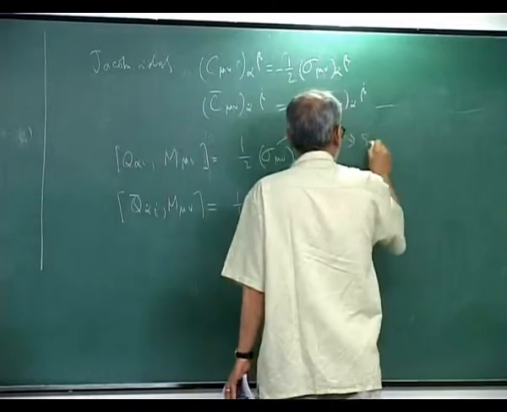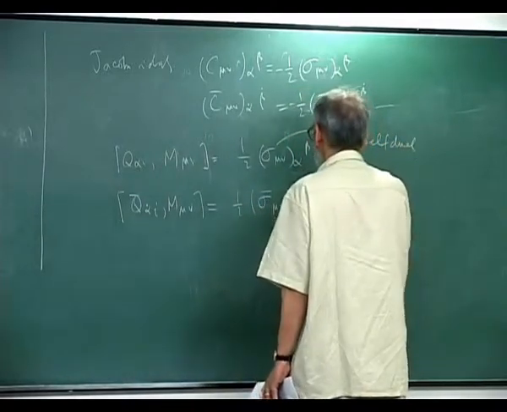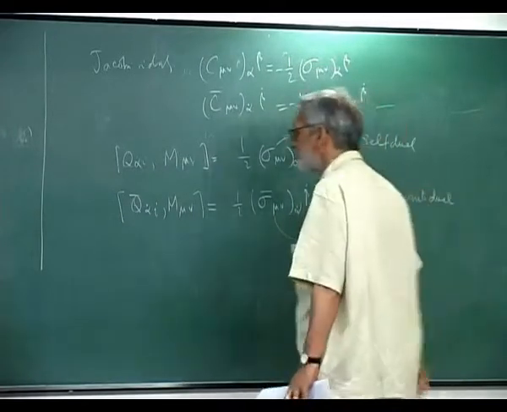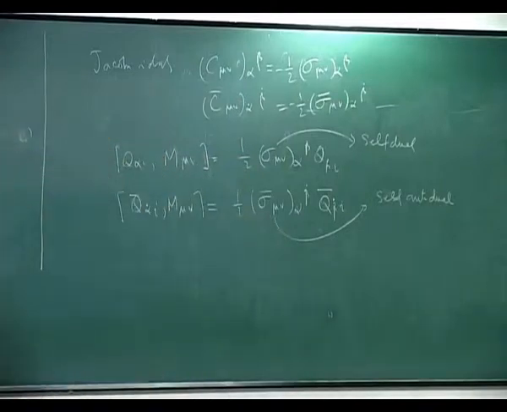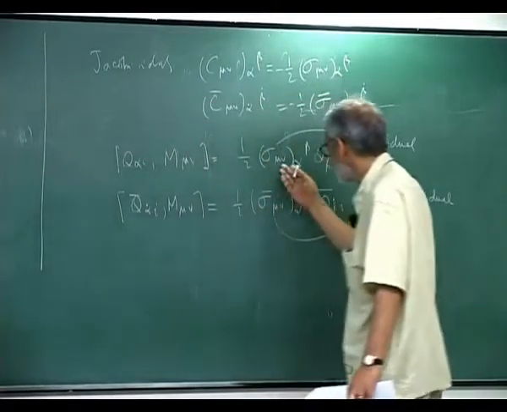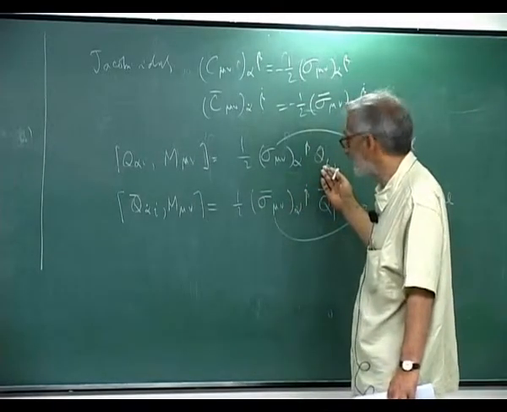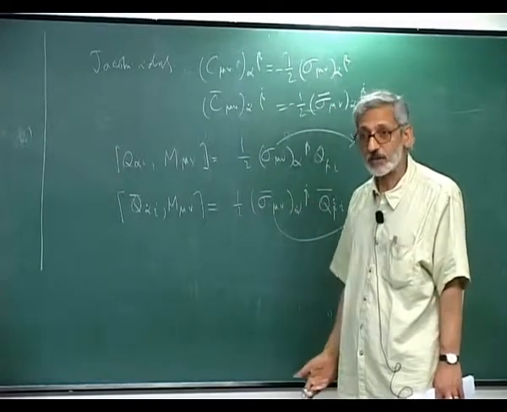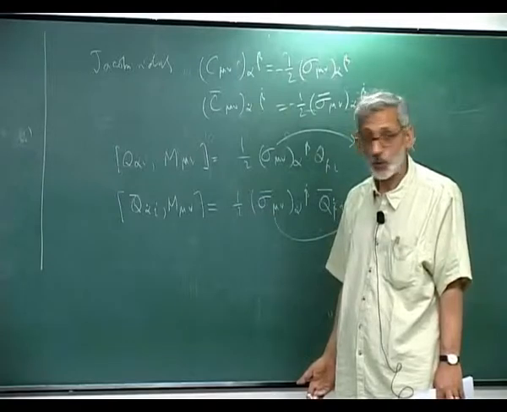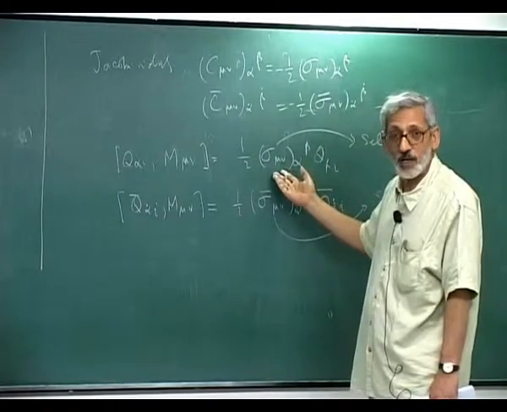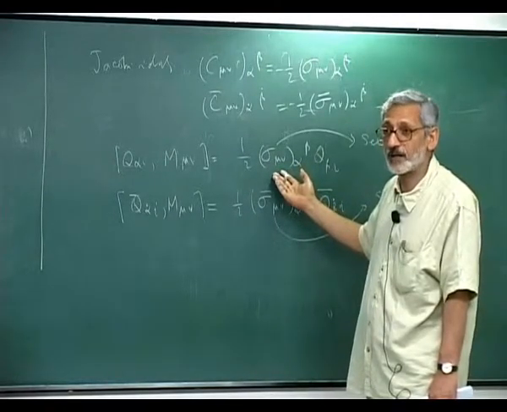Remember, this object is self-dual and this object is self-anti-dual. So the commutator of Q alpha I with M mu nu is half sigma mu nu alpha beta Q beta I, and Q bar is sigma bar. But that's not surprising, because this is how spin half fermions are supposed to transform under Lorentz transformation.